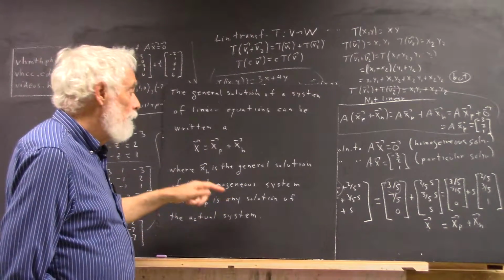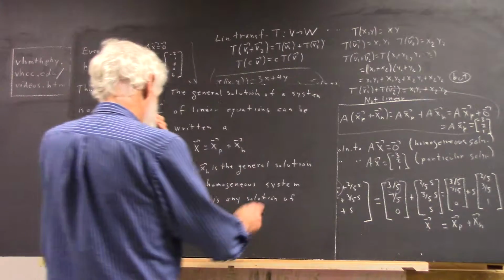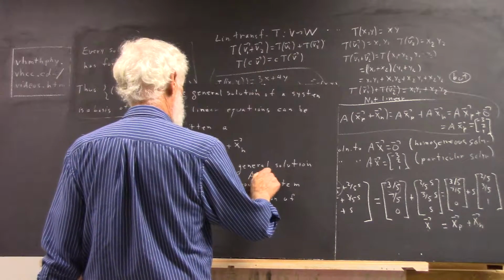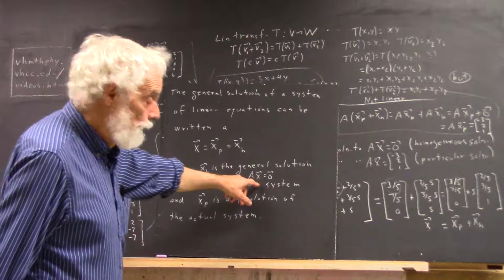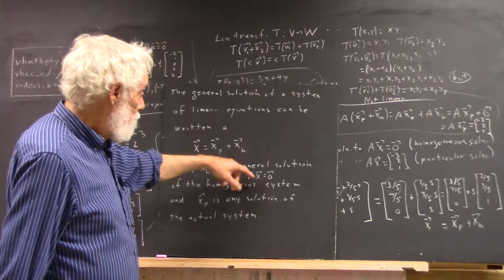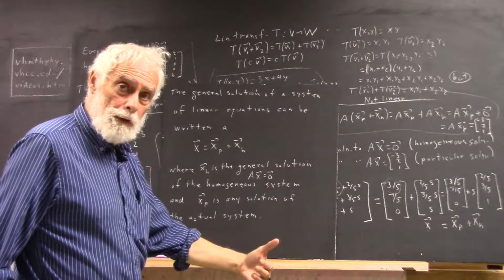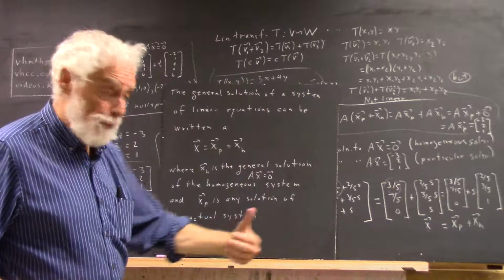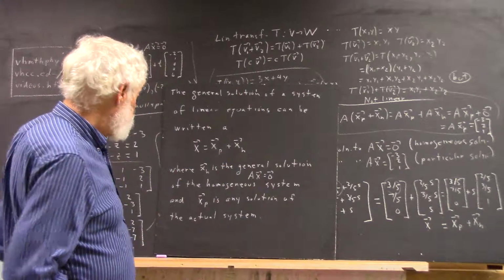The homogeneous system in matrix notation would be this: if A is the matrix of coefficients, then this would be the set of solutions where everything to the right of the equal sign is 0, in each equation.